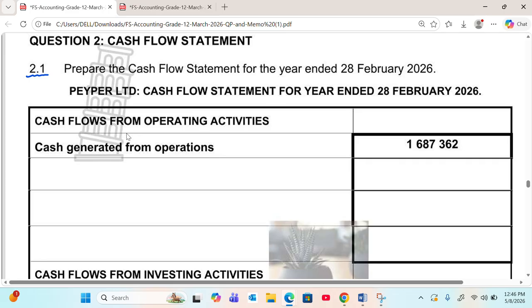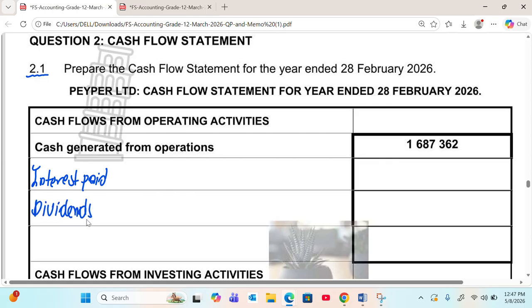So what we record here, guys, we need to record the interest paid, we need to minus the interest paid. Why? Because interest paid is not an operating activity. This is a finance cost. And then 2, dividends paid.